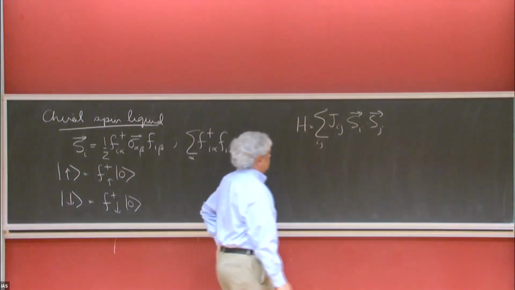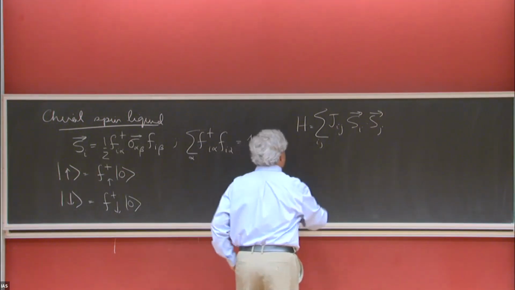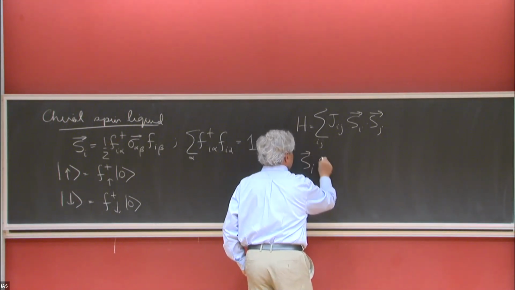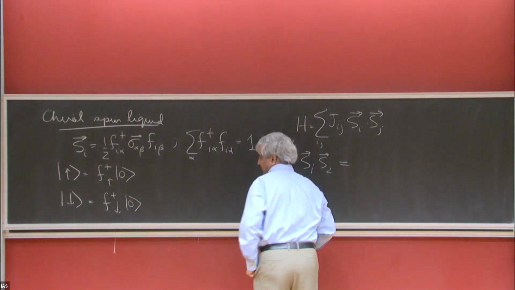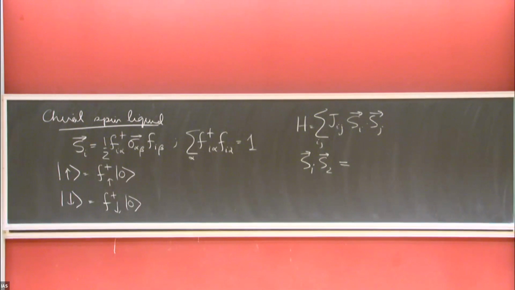Okay, so you take this interaction here. You take S1 dot S2, and after some identities and using this constraint, just like we did for the bosons, you can rewrite it in a way that motivates the mean field theory we're going to look at.